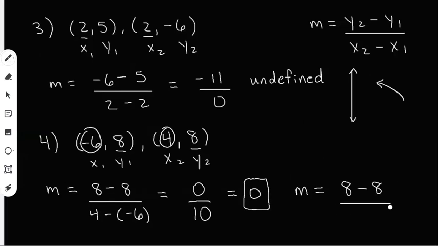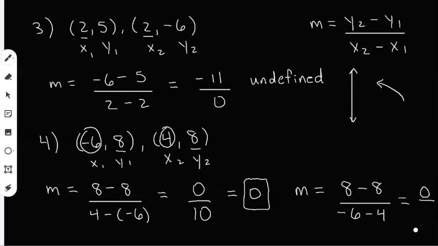That doesn't change. But then in the denominator, I'm going to have -6 minus 4. 8 minus 8 is still going to give me 0.